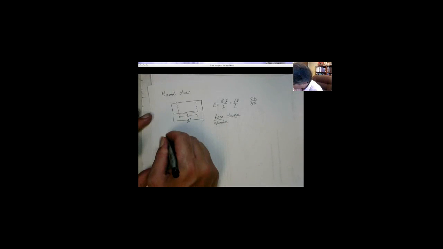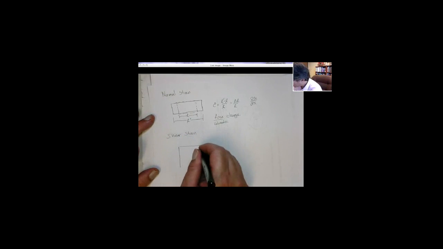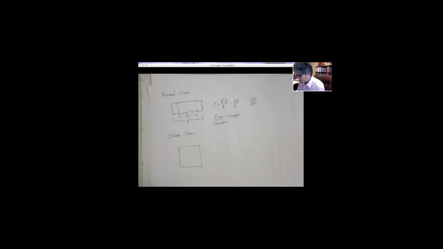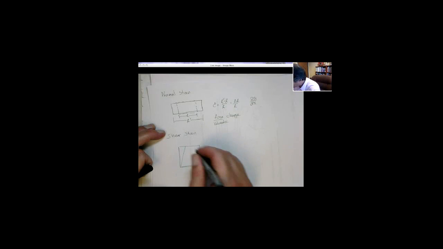The other type is shearing. We have a body originally like this. It will deform and shear to some angles. And there you go.